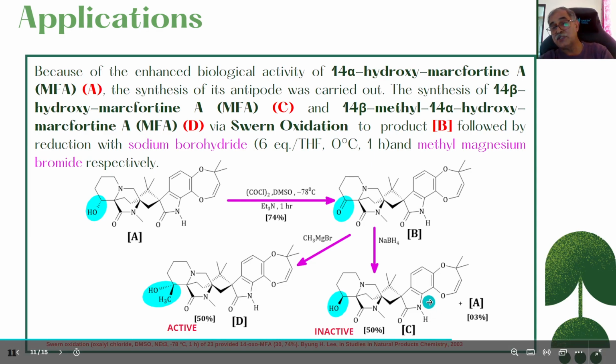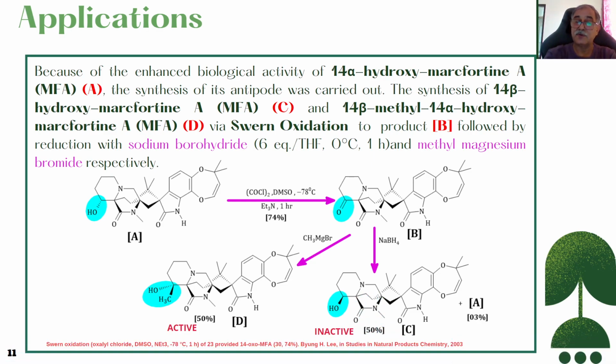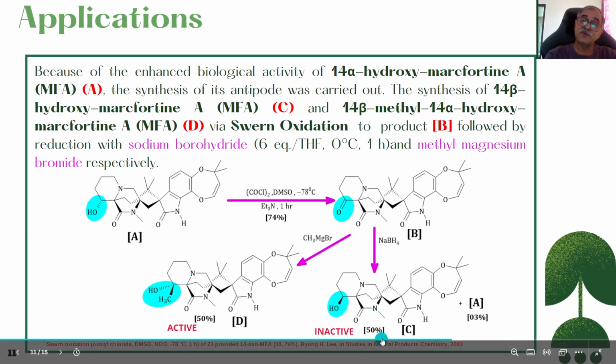So basically a reduction of this ketone led to the formation of 14 beta and 14 alpha product, whereas 14 beta was formed as the major product in 50% amount, but it was found to be biologically inactive in comparison to A.